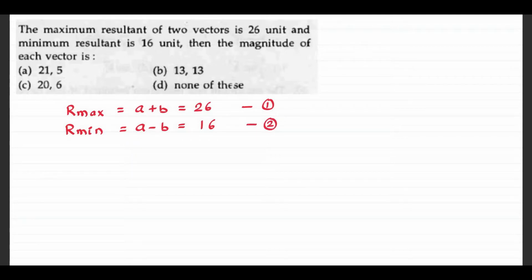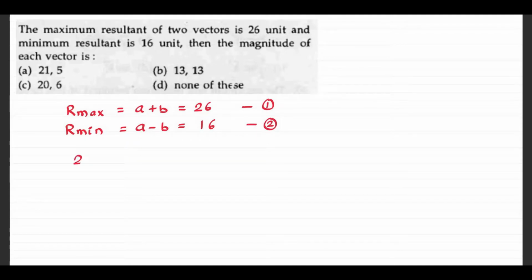Now in this question it is given that the maximum resultant of two vectors, that means R max, which we know is also A plus B, is given as 26, and R minimum, which we know is given by A minus B, is given as 16. So these are the two equations, 1 and 2.